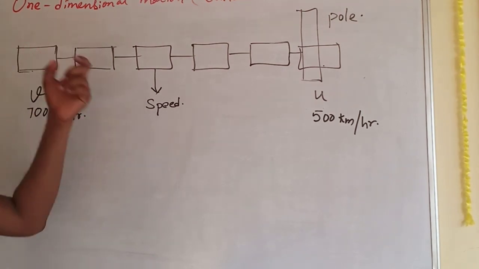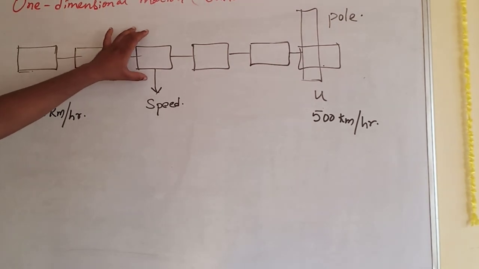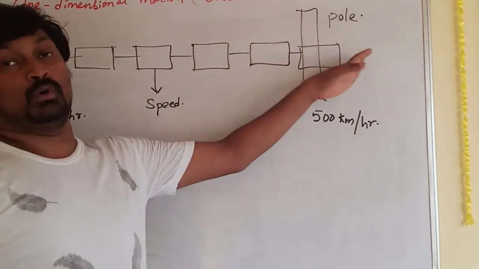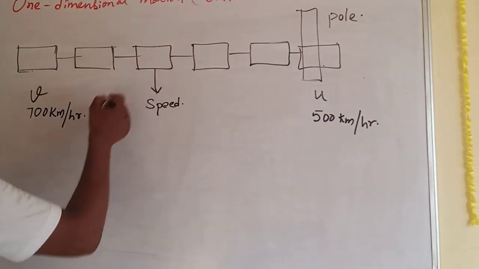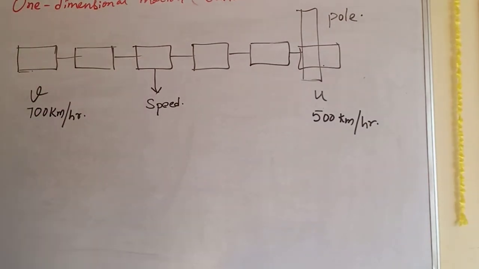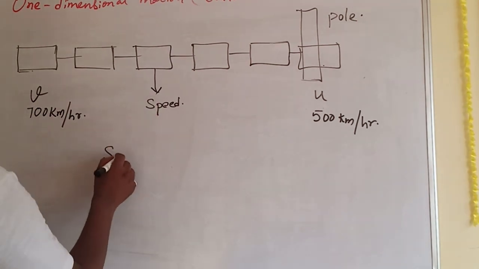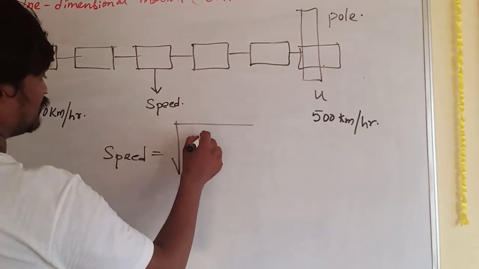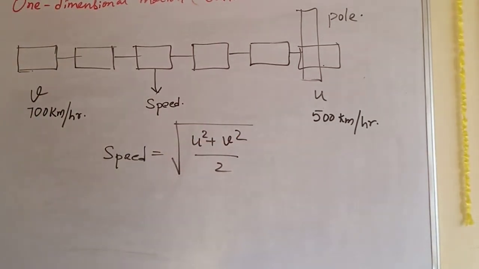Then what is the speed of the middle one? What is the speed of the train when the middle one crosses that pole? This kind of question is very important. So you have the formula: the middle compartment speed is equal to square root of u square plus v square upon 2.